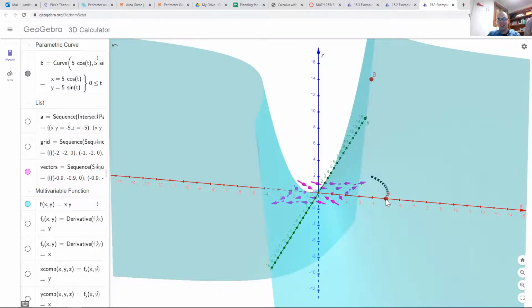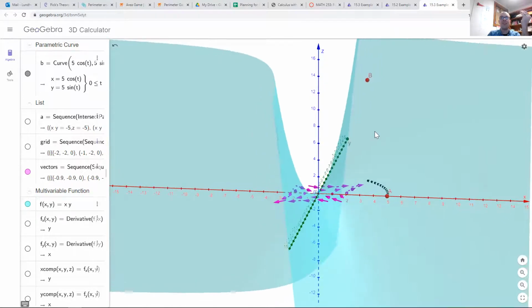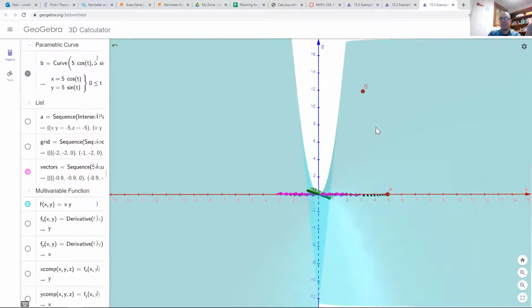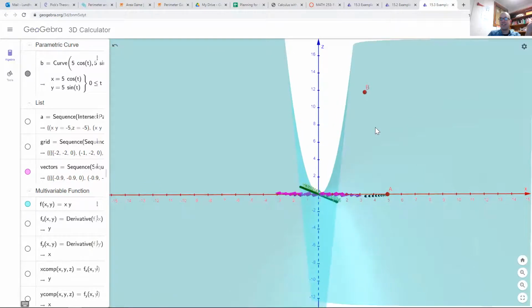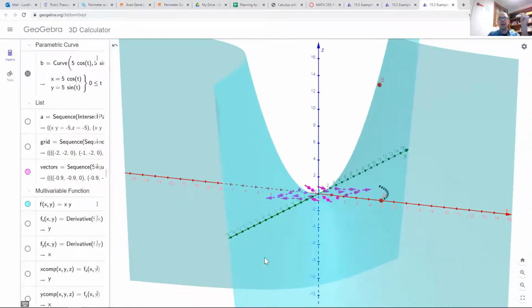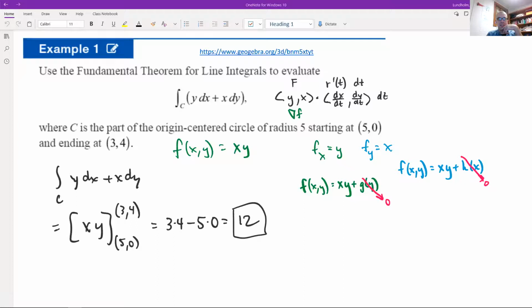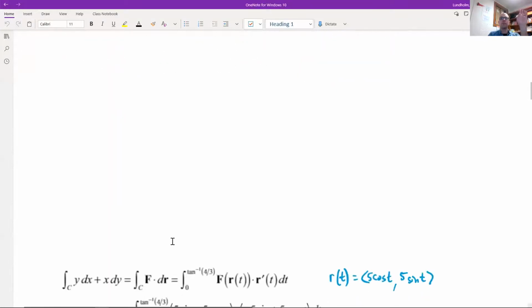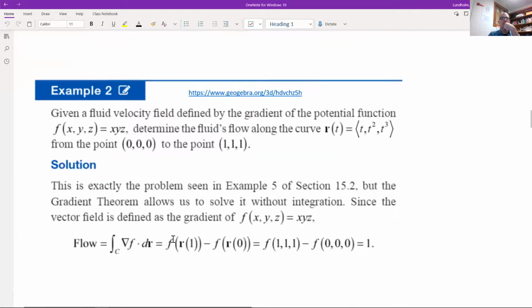As long as I'm starting at point A and ending at point B, the difference in z-values is going to be 12. And that's super cool. So, that's the path independence thing I was talking about.